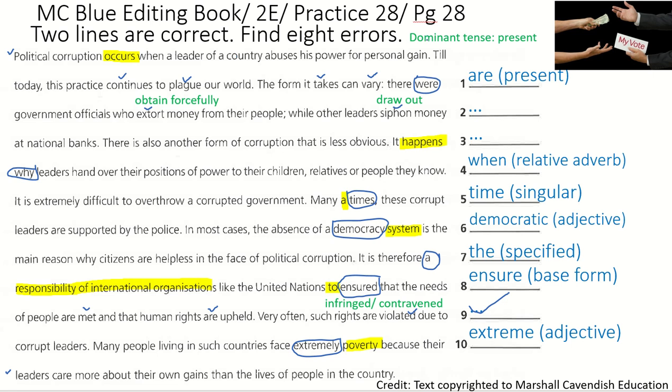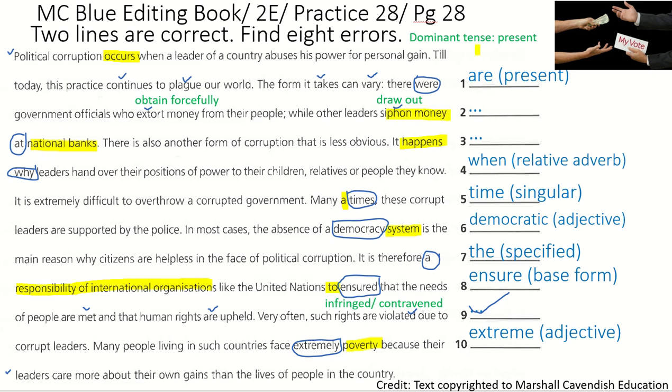Okay. Next, let me see line number 2 to 3. Okay, there must be something that I missed out. So read aloud so that you can hear the mistake. While other leaders siphon money at national banks. Okay, I noticed that this is at, so they draw out the money from a bank.